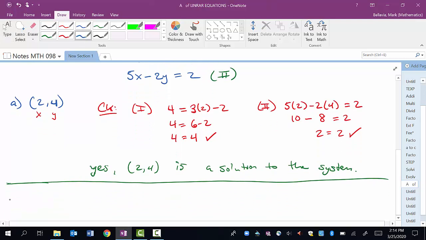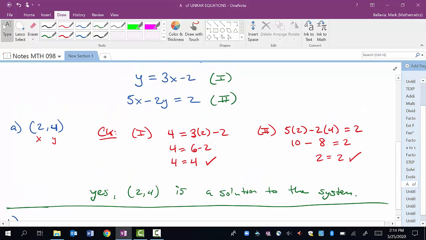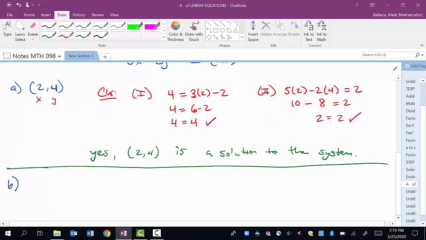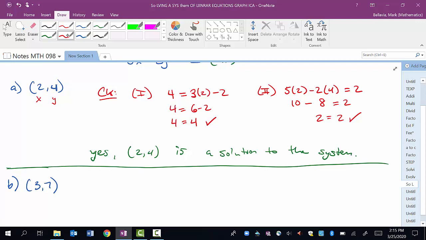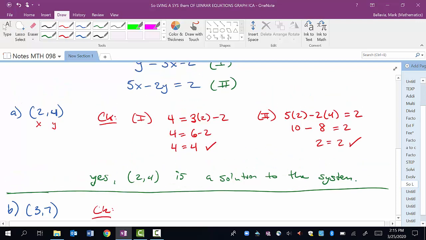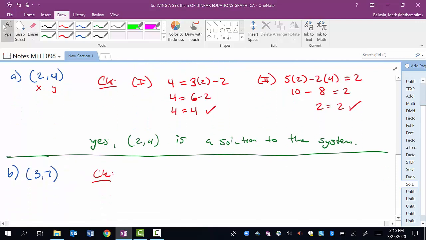Let's look at the same equations I have above, y equals 3x minus 2 and 5x minus 2y equals 2. And we want to find if 3, 7 is a solution to the system. Well, remember what we're doing. We're checking here. So checking in the first one, we had y equals 3x minus 2. This is x, this is y.